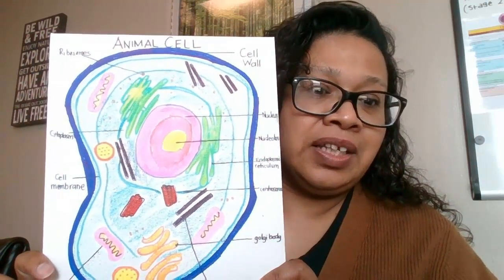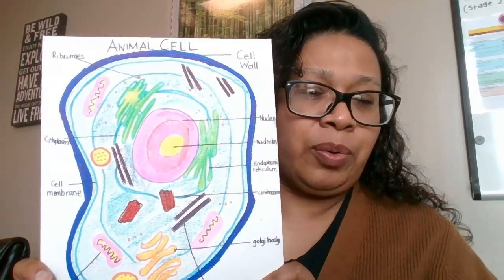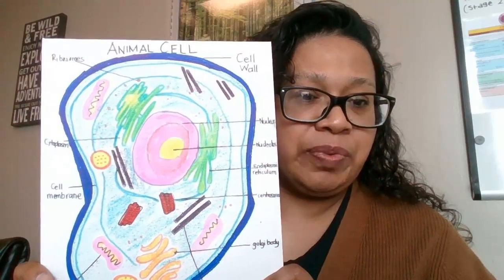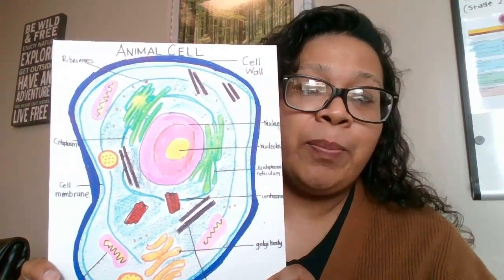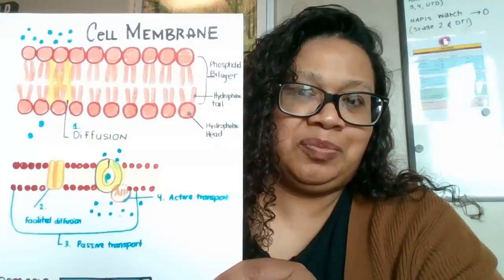Lysosomes also act as the cell's waste disposal, breaking down macromolecules, while mitochondria generate energy through cellular respiration. Together, these components are essential to cell function.